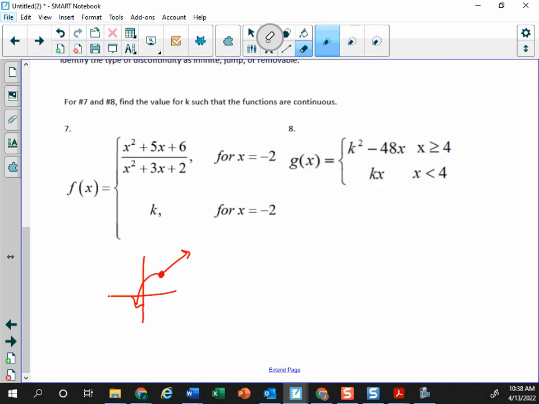So I'll give you a minute here. Try just number 7 first. Can you figure out what k is so that this function is a continuous function?